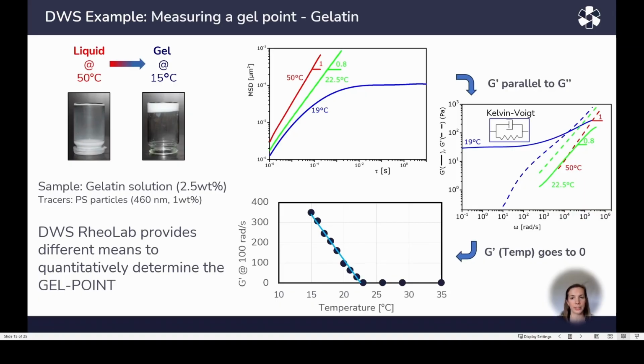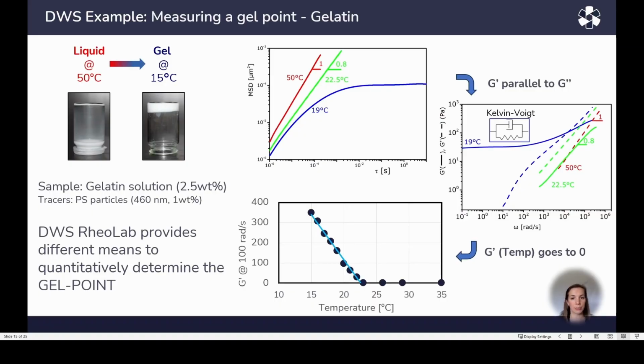With further decreasing temperature, the sample starts to show a constant G' at low frequency and an approximately linearly rising G" with frequency. A clear solid behavior is observed with G' above G" as shown here in blue. This corresponds to a gel and can be described by the Kelvin-Voigt model.